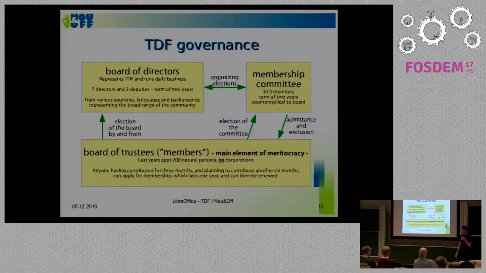And from the board of trustees we choose the membership committee every 2 years, and the other 2 years, so that's intermediate, the board of directors is chosen. And why the board of directors is so very important, because LibreOffice, apart from all the great stuff that developers do, there's a lot of work behind the scenes that's enabling the work in case of infrastructure and people supporting tooling and whatever.